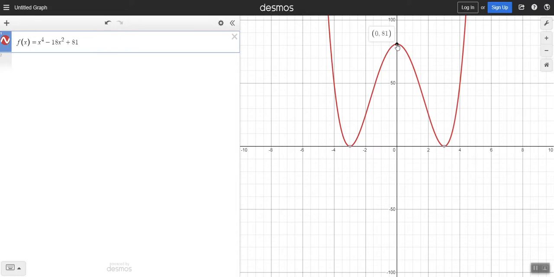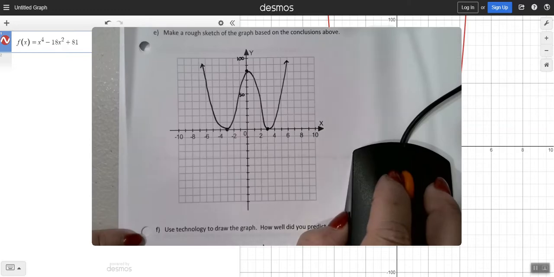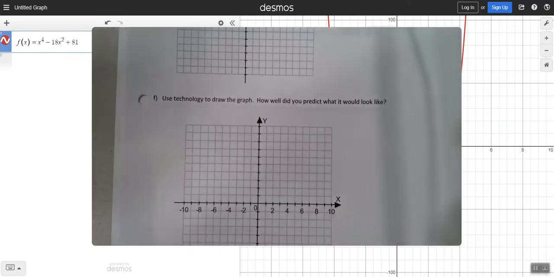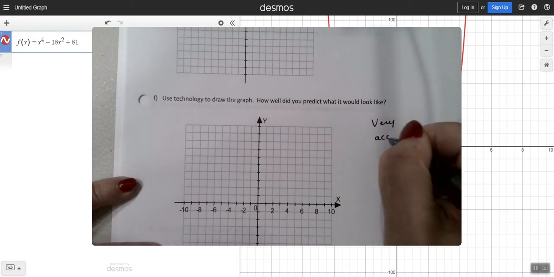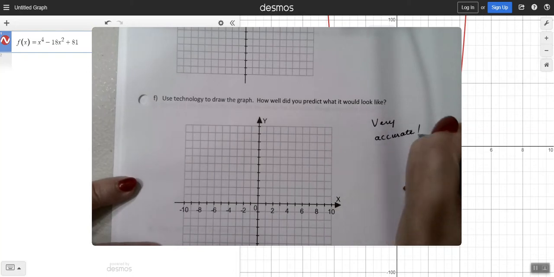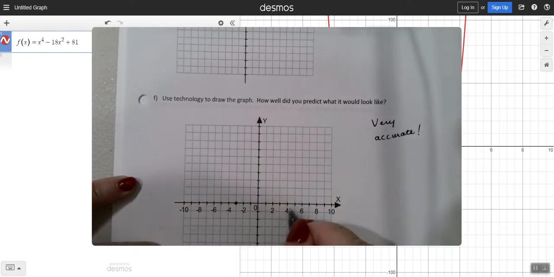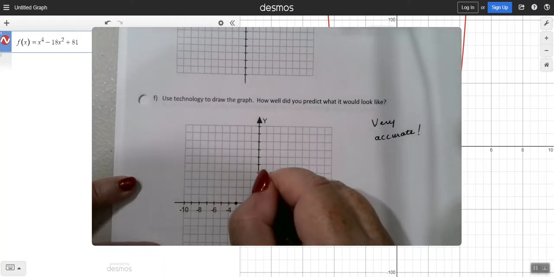And we have our 0, 81 standing as both the local maximum and the y-intercept. So we can almost redraw that because our prediction was very accurate. In fact, the graph we found on Desmos pretty much looked like the graph that we predicted.